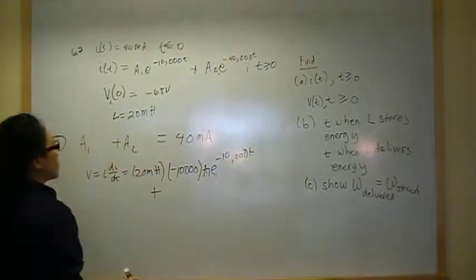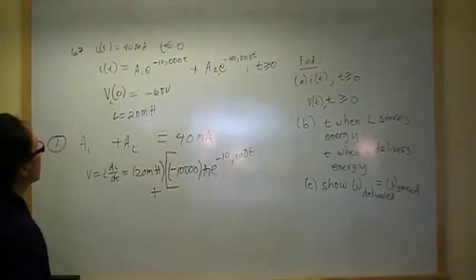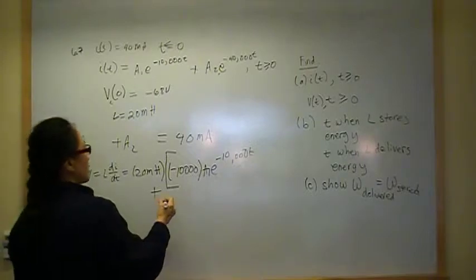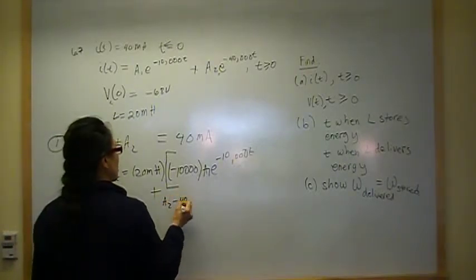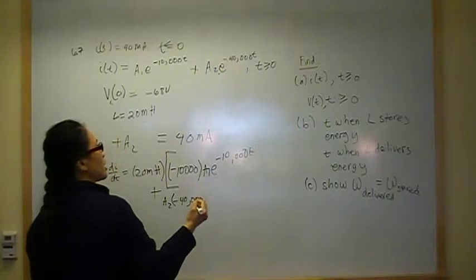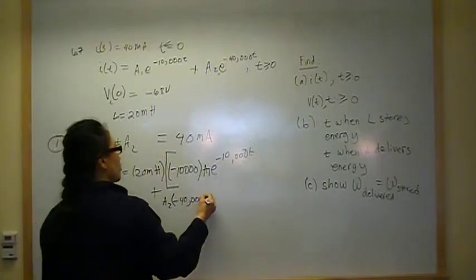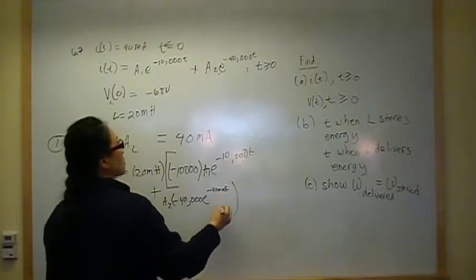And then the second half of that, the 20 millihenries is going to distribute through. The second half is going to be A2, and the derivative of e to the negative 40,000 t is negative 40,000 e to the negative 40,000 t.